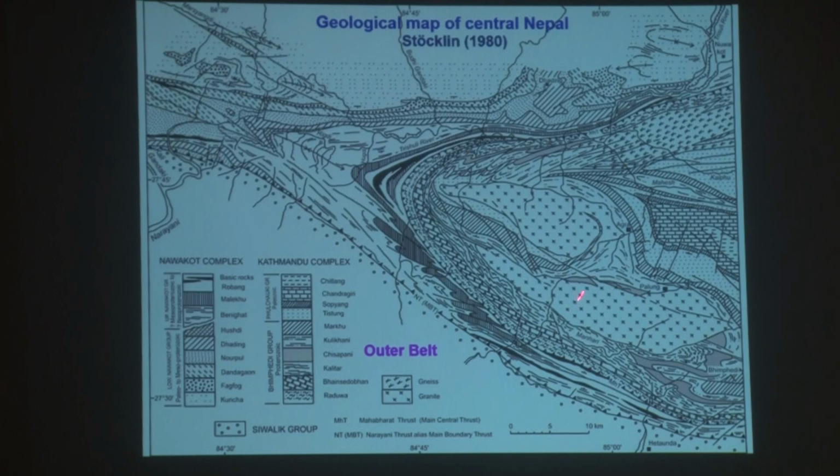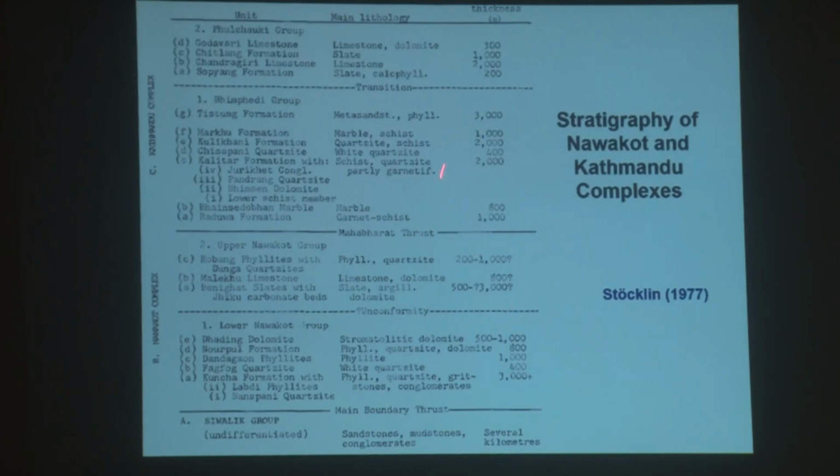Next, please. Stöcklin worked in central Nepal, as you can see, and he mapped a large area. This is just a part of it. He has mapped almost double of this map, and he developed this stratigraphy even here. This is his first publication in 1977.